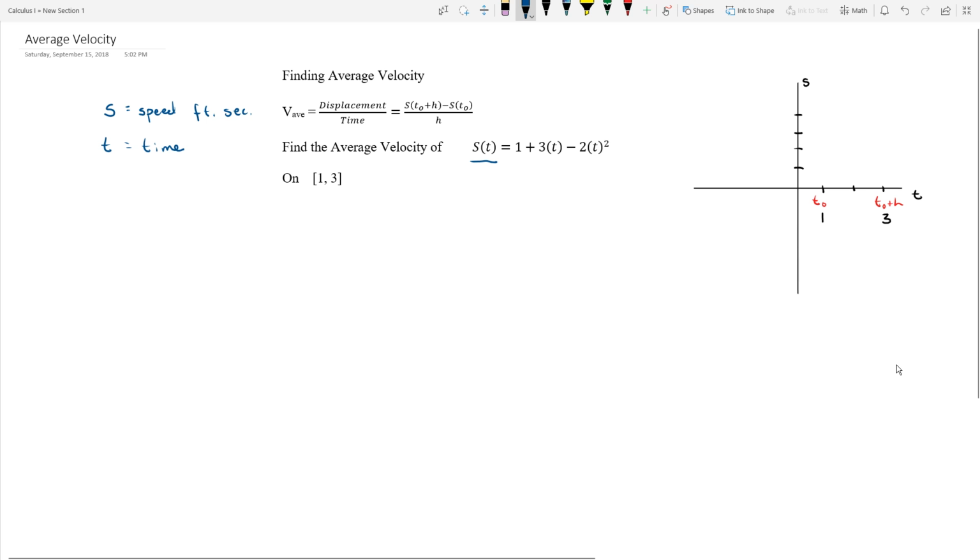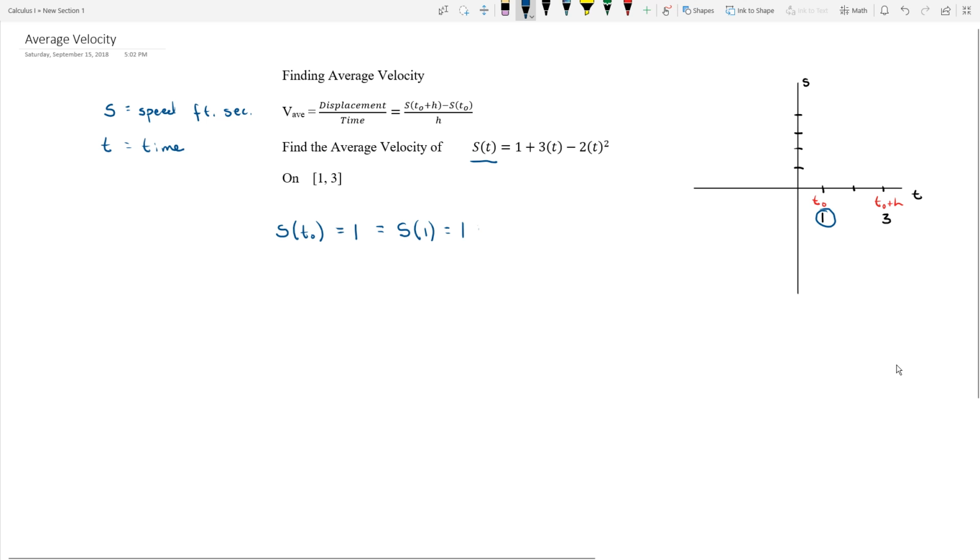So what we would actually do is start off with s at t sub 0 is equal to, and what we know about t sub 0, we've already been given, is that it is equal to 1. So we know that t sub 0 equals 1. Therefore, we can say that this is s at 1 is equal to, and then we place 1 into our function and get our speed.